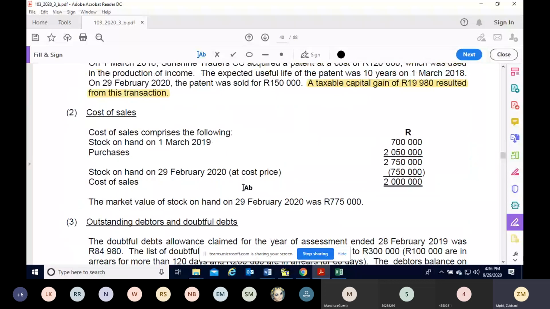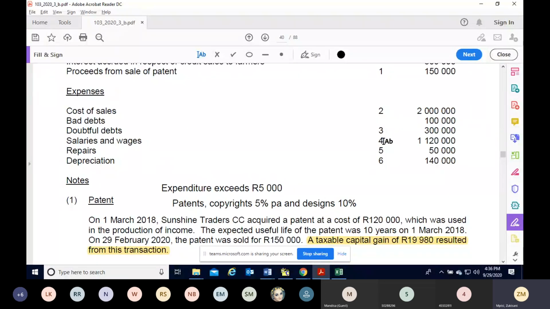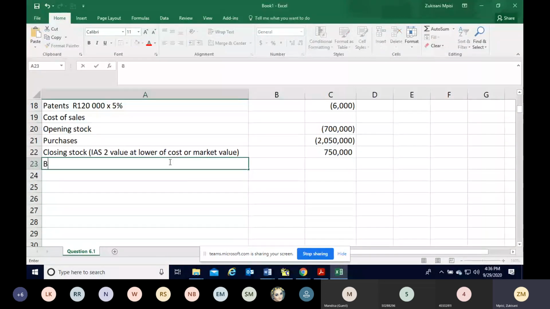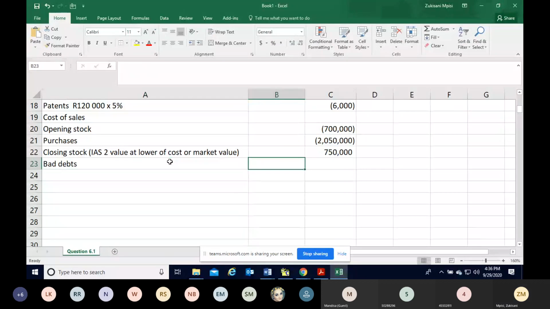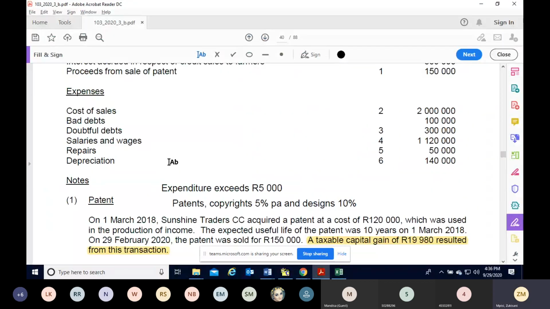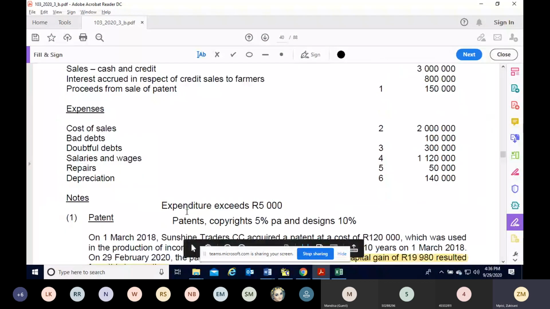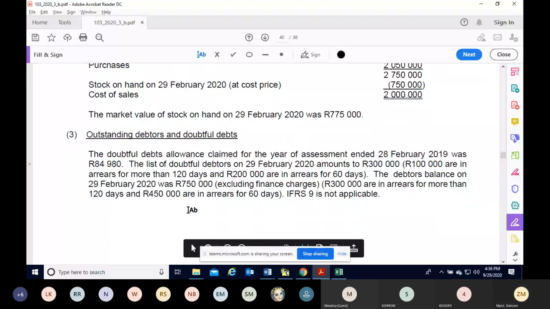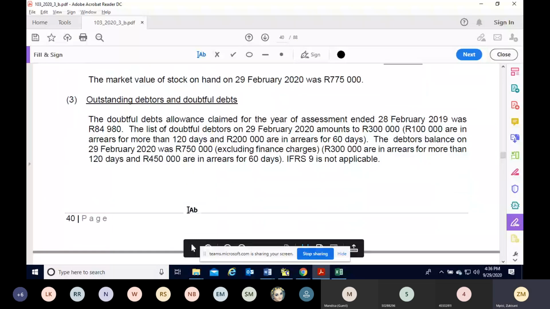So then we've got bad debts of 100,000. It's a straight deduction. Then we've got doubtful debts, number 3. Can everyone still remember our doubtful debt for the previous year?